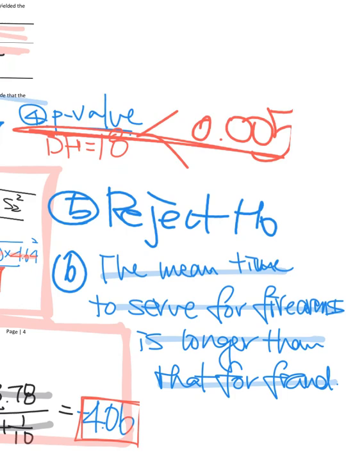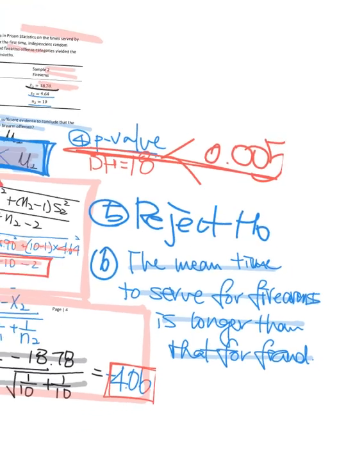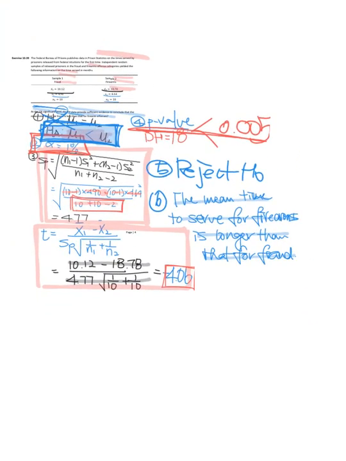Can you make the conclusion? Interpretation? It is a very long calculation. 6 steps.